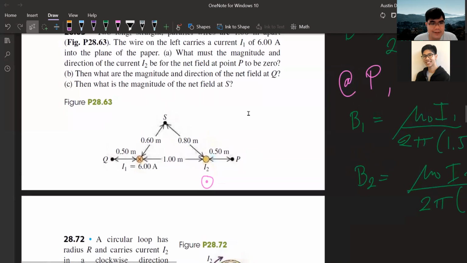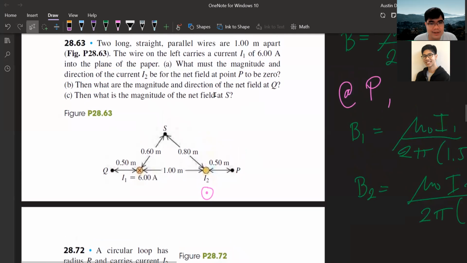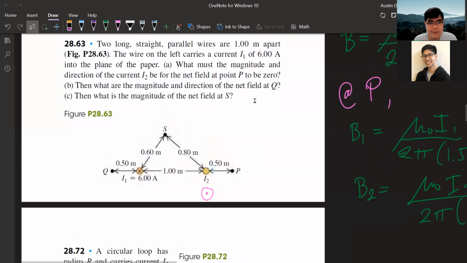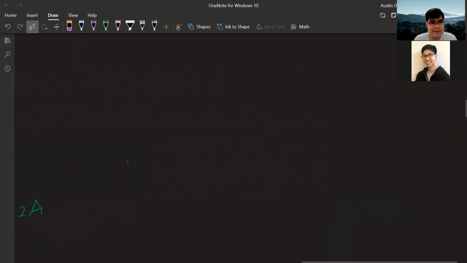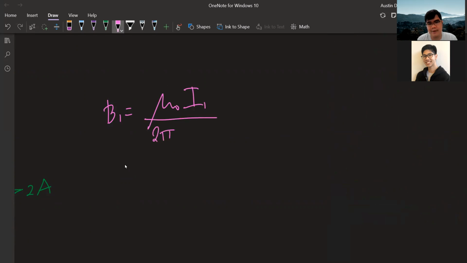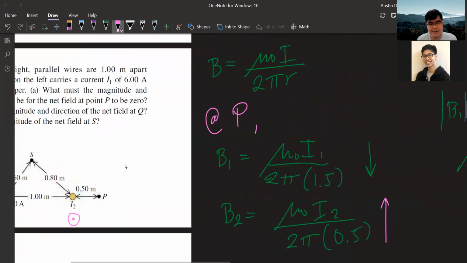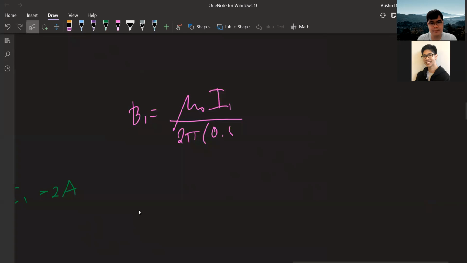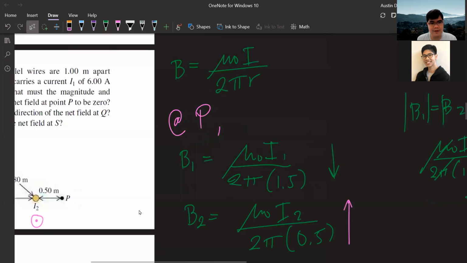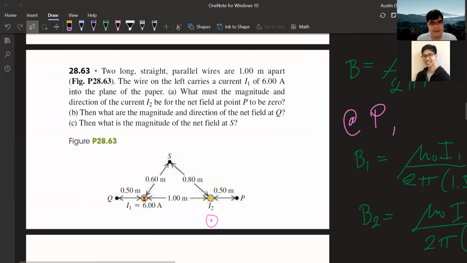So, using this amount of current, what will be the magnitude and direction of the net field at Q? Okay, at this point, you just have to do things systematically. B1 at that point would become mu naught I1 over 2 pi, the same values, only the denominator changes, which is the 0.5 distance. Then let's determine the direction. The direction at this point would be upward.